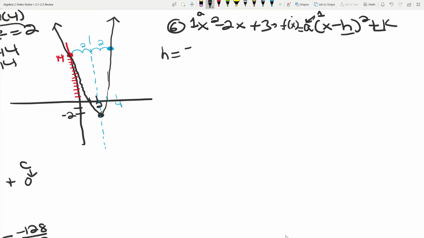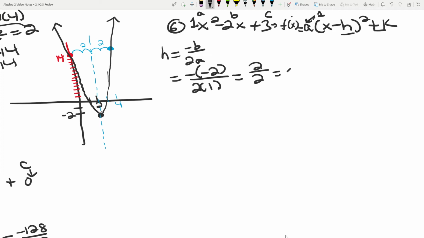You're going to be using the formula for the vertex. So we got A, B, C. B is negative 2. So we got negative, negative 2 over 2 times A, which is 1. Two negatives make a positive, so we have positive 2 over positive 2, which is 1. So now we got our h. h is equal to 1.